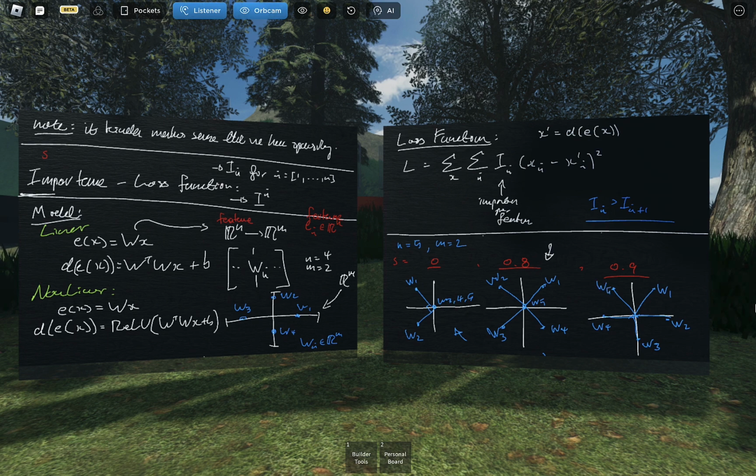These are all supposed to be the same angle. So what is going on here?